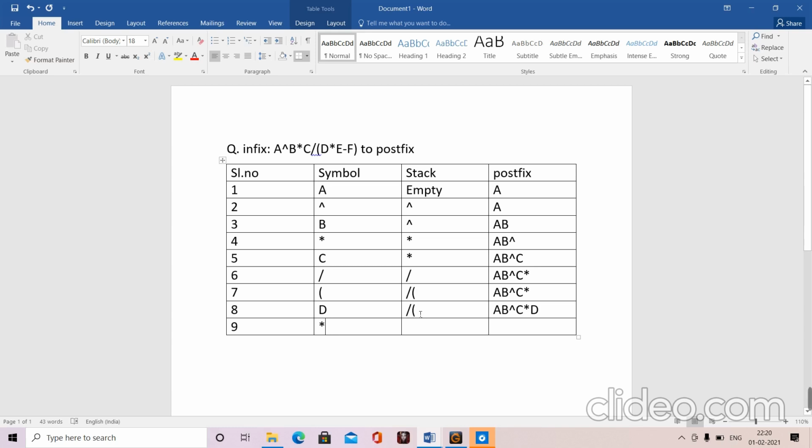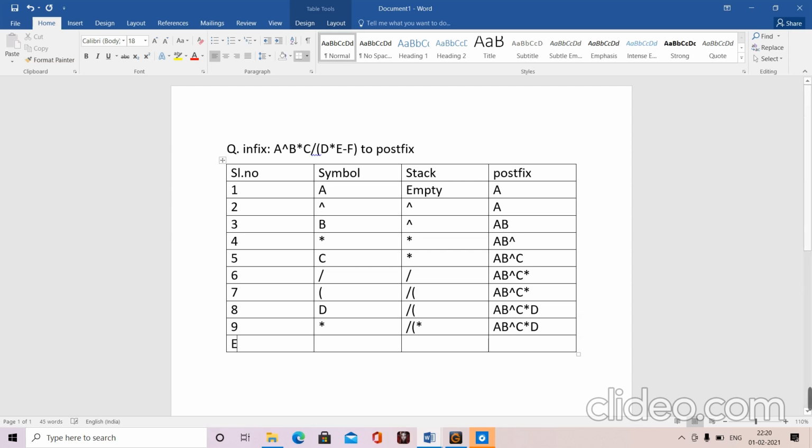But as we have this left parenthesis, we just have to push this onto the stack, and the postfix remains the same.